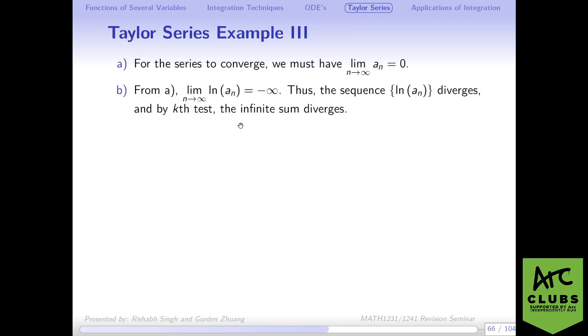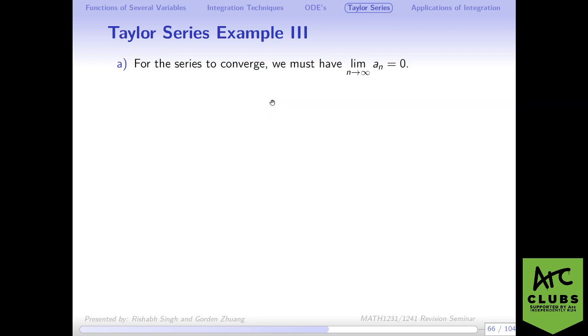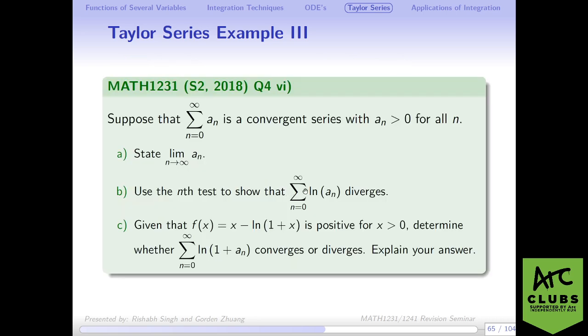We know that the limit of a_n goes to 0, then the limit of log of a_n is the log of 0, and that goes to minus infinity. Since the sequence of log a_n diverges, by the divergence test this infinite sum diverges. So this sum of log of a_n diverges.